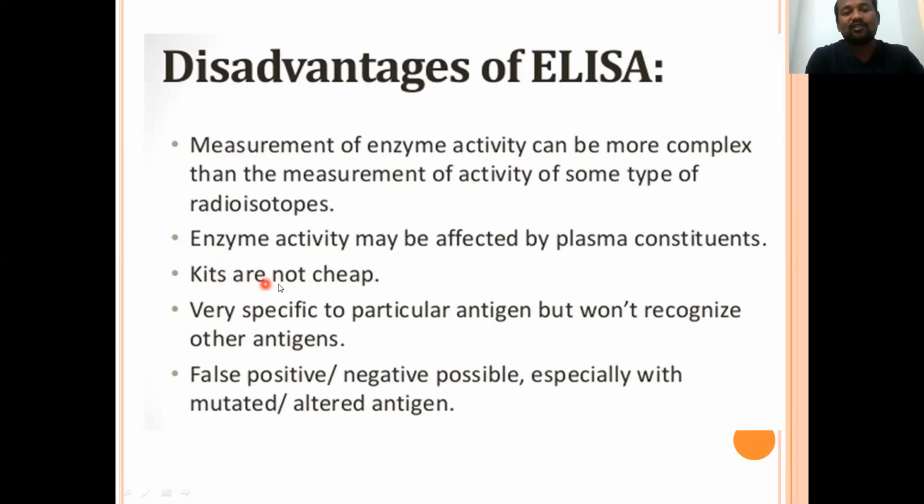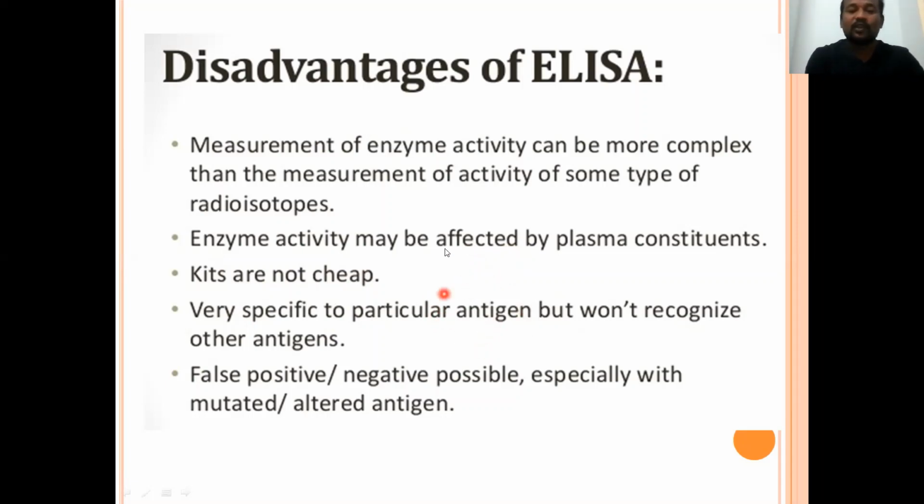Then the kit is not that cheap, so it is comparatively somewhat costly compared to other cheaper kits. Moreover, it is very specific to the particular antigen. It won't recognize other antigens. So actually it is not exactly a disadvantage, but whenever we want to detect another antigen, we may consider it a disadvantage.